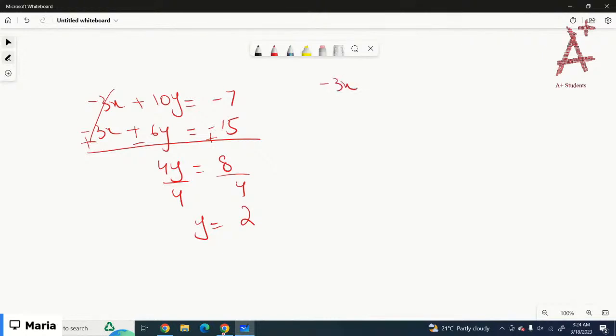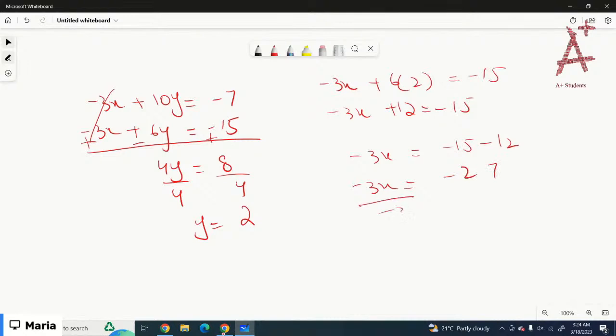It would be negative 3x plus 6 times 2 equals negative 15. Negative 3x plus 12 equals negative 15. So negative 3x equals negative 15 minus 12. Negative 3x equals negative 27. Divide both sides by negative 3. It would be x equals 9, since 3 times 9 is 27.